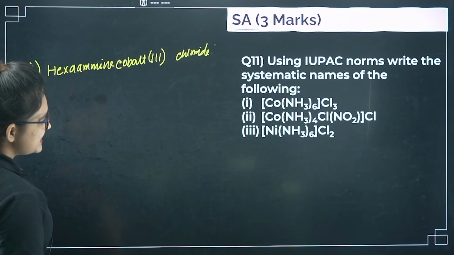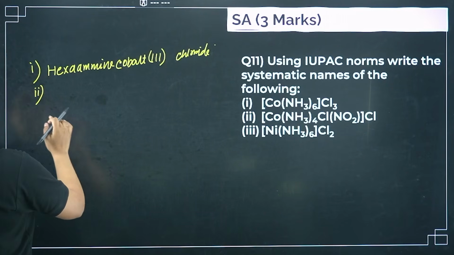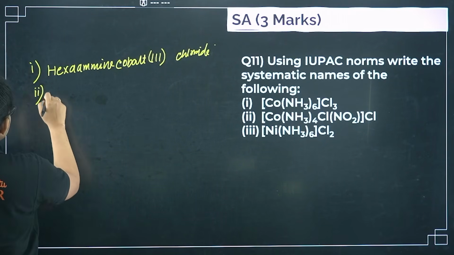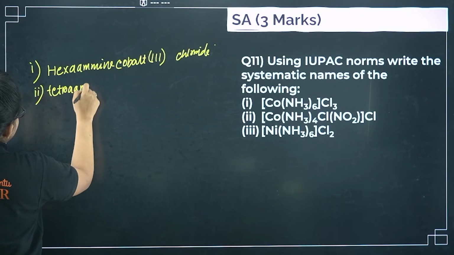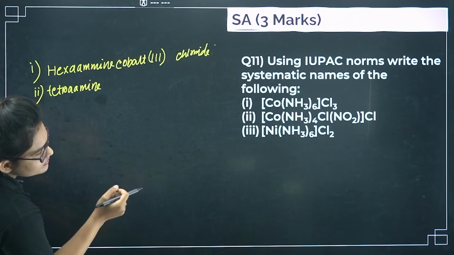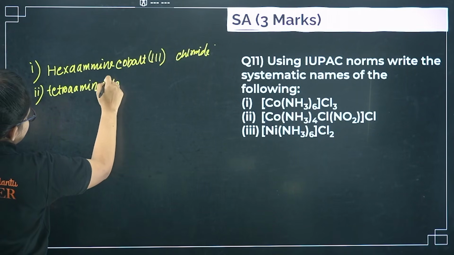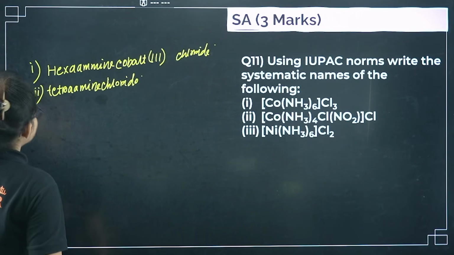Next one, Co(NH3)4 Cl NO2 then Cl. Okay, so ammine we will start with because alphabetically it comes first. How many ammine? Tetraammine. Then chlorido, then nitrito.